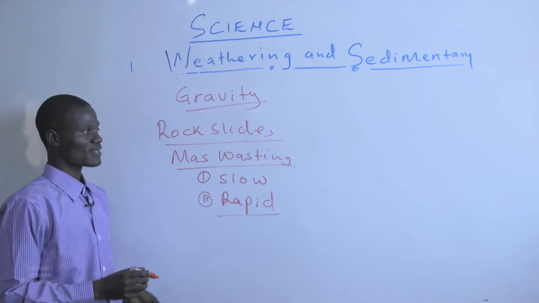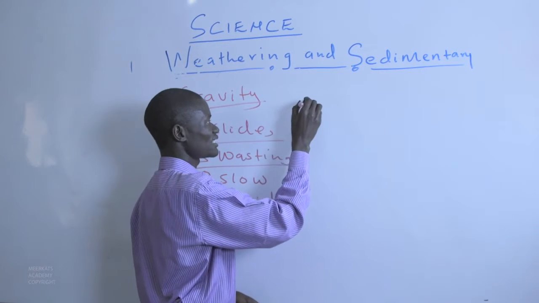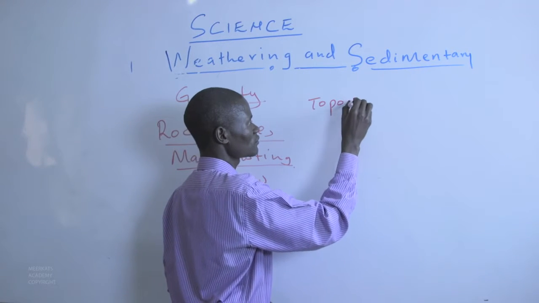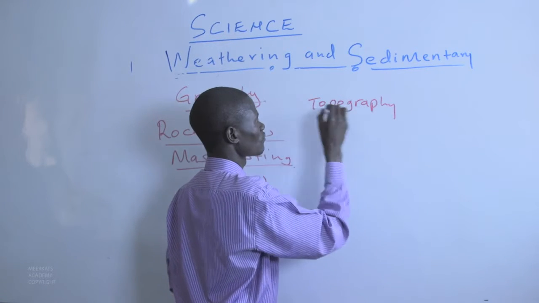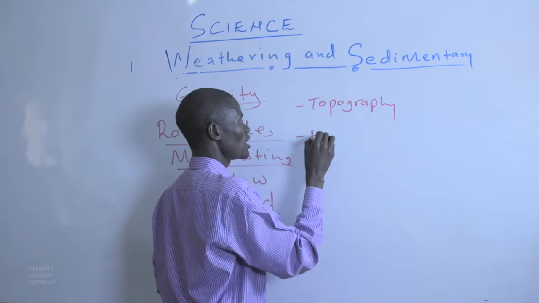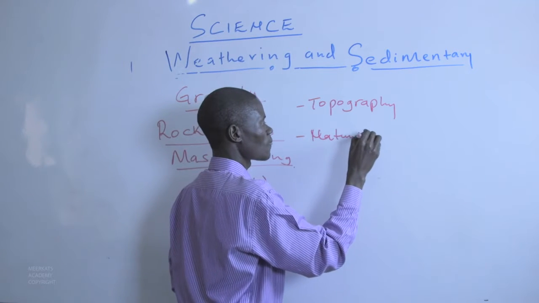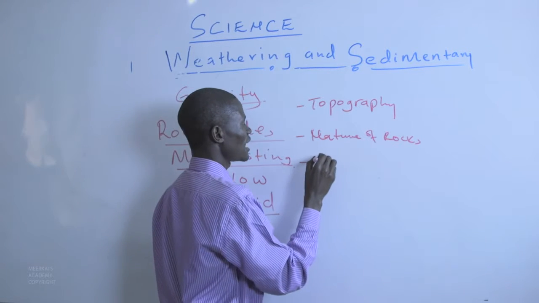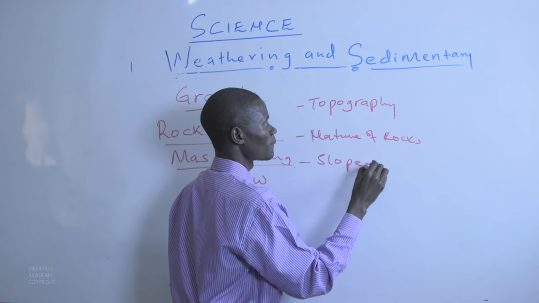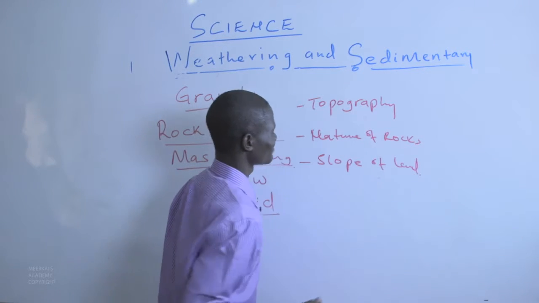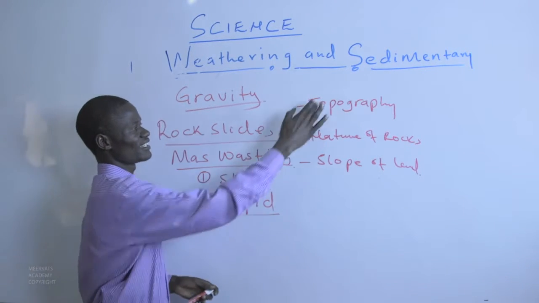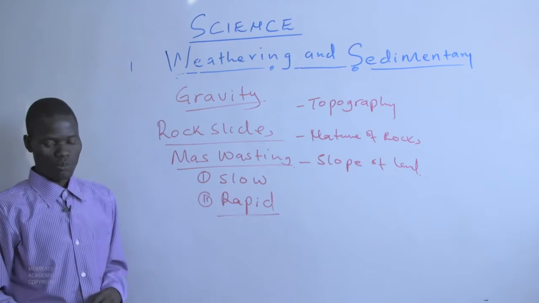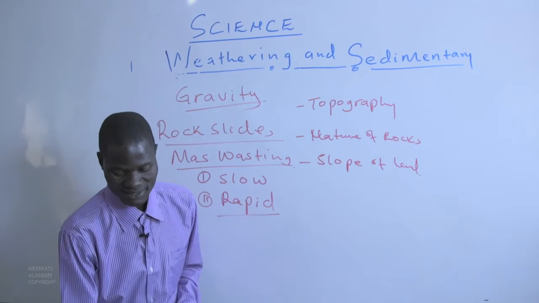They are affected by several factors, such as the topography of the land, the nature of rocks, and the slope of the land. These three aspects may affect the rate of mass wasting in the form of rock slides.